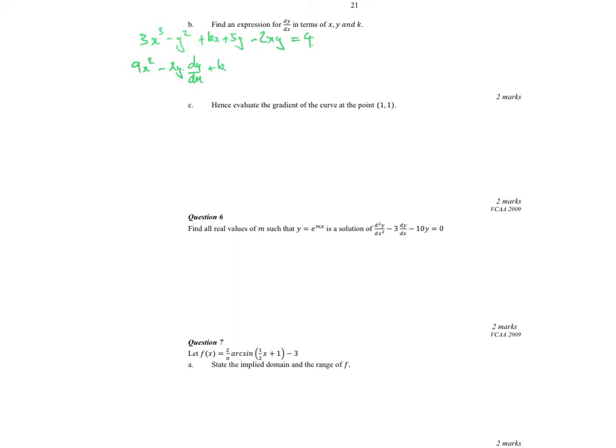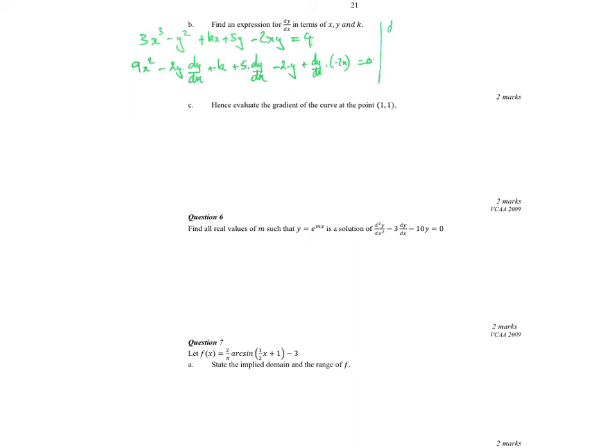Derivative of 5y with respect to x is 5 times dy dx. Got a chain rule here, so the derivative of the first term is negative 2 times y plus derivative of the second term, which is just dy dx, times the first term, which is negative 2x, equals 0.